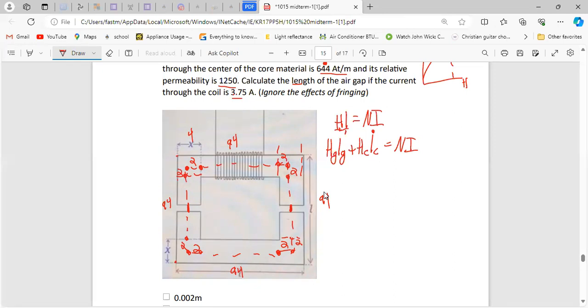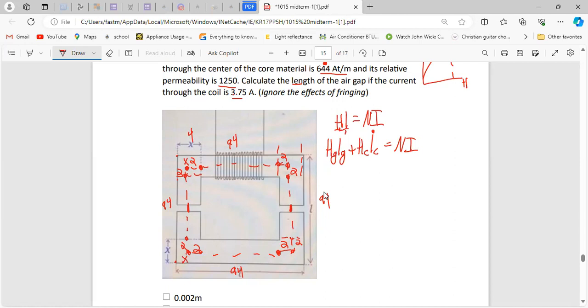We could either write the L in terms of the gap, or we can write the gap in terms of the L. What I mean by that is if I want Lc, it will not be 94. So you have to subtract this 2 on top here, and you have to subtract this 2 on top here. So 94 minus 4, we are at 90.